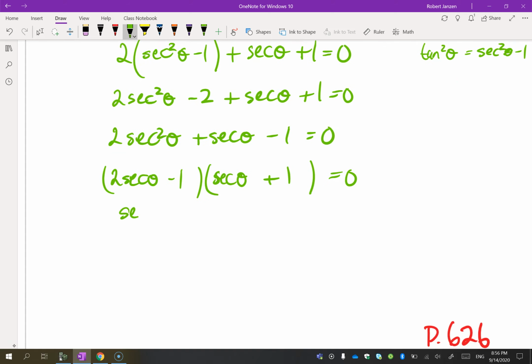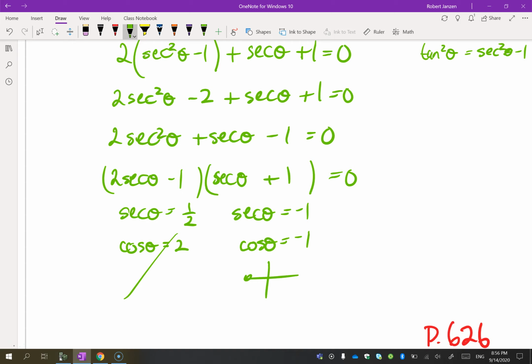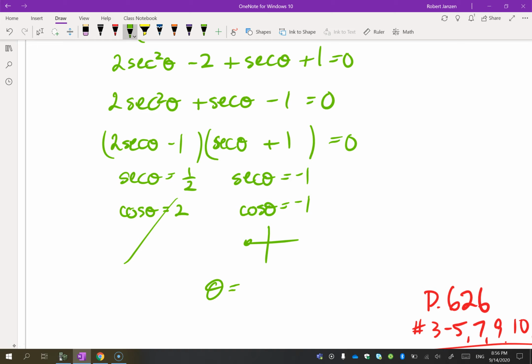Okay, so this means secant is a half, and if secant's a half, that means cosine is 2. Doesn't work. Here, secant is negative 1, which means cosine is negative 1. And that happens here. So theta is pi.